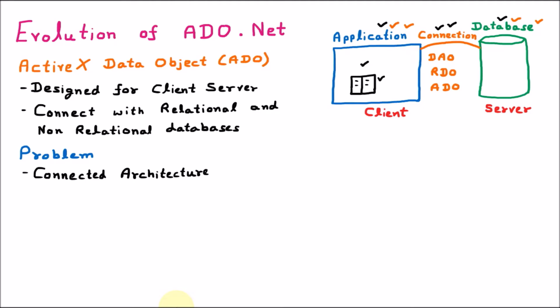If I am entering the second record, the connection should be there. So through all time, we want the connection in ADO. If the connection is not present, then the record we are going to add will be lost. So the connection is required all the time. So this is supporting connected architecture.